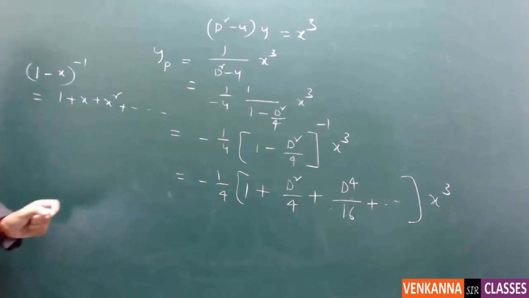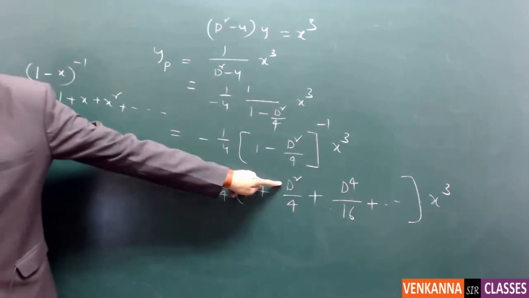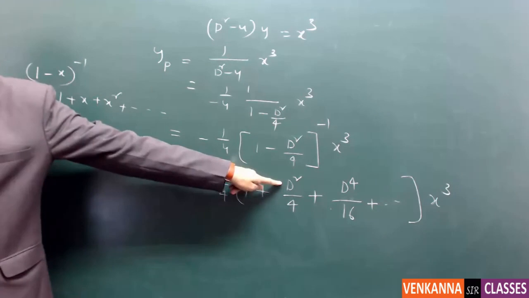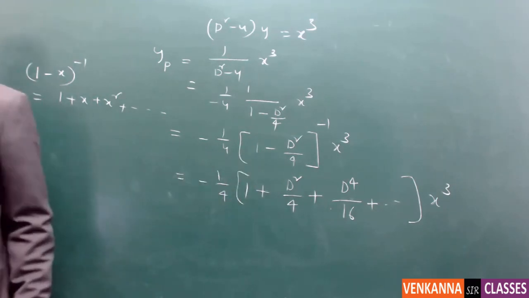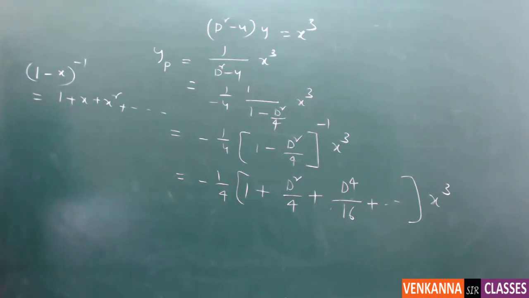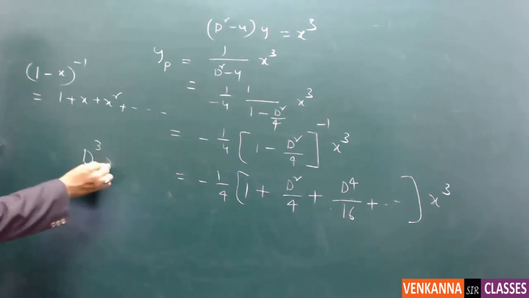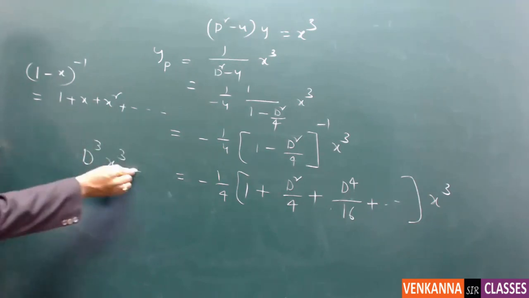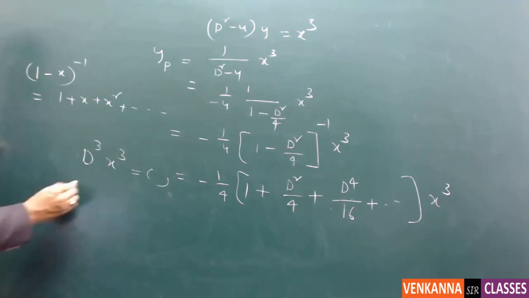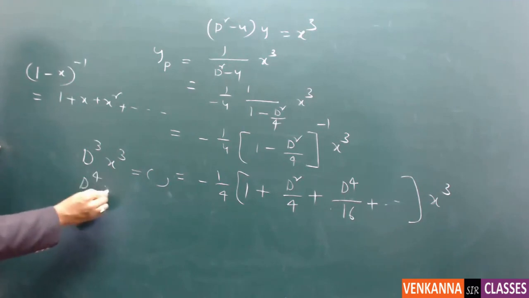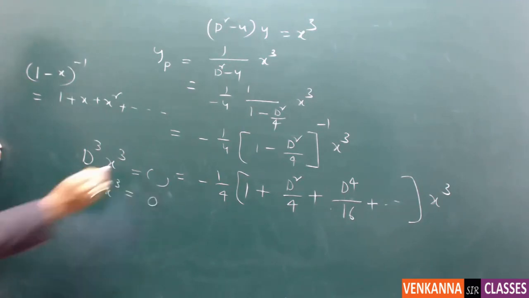Right. Now what happens? Please understand that D stands for differentiation. If you differentiate a function more than its power, it will become 0. Because d cube of x cube is a constant, and d power 4 of x cube is 0.